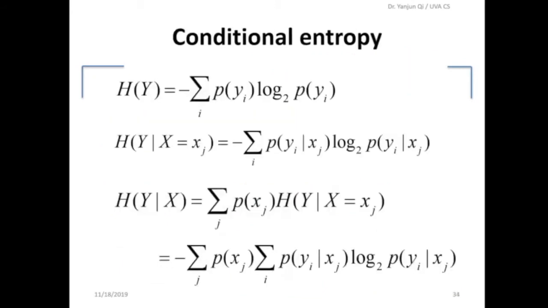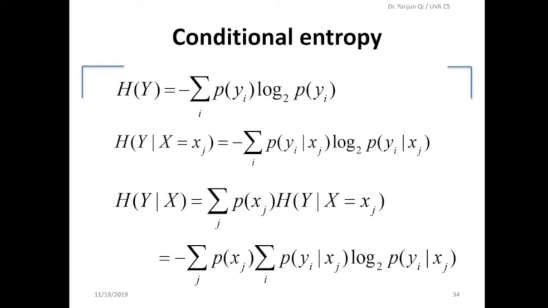All right, so it's actually a pretty complicated equation. How do you calculate H(y)? We already know that it's the summation over all the possible values of p log p. That's H(y). And then what is H(y) conditional on x? First, you need to calculate H(y) conditional on a specific value xj of that feature, using this p log p.